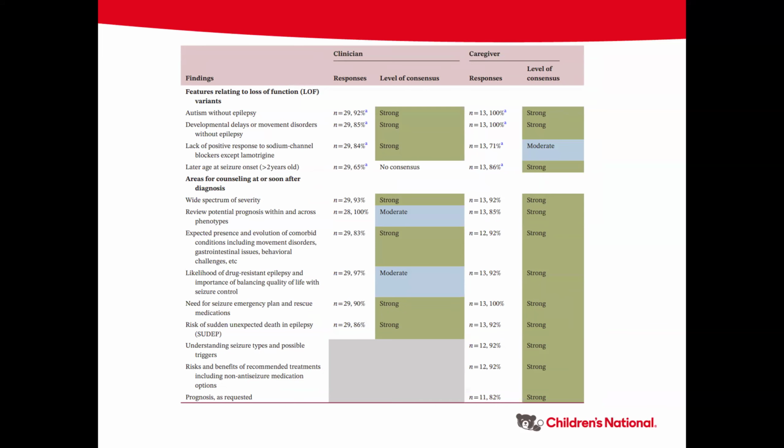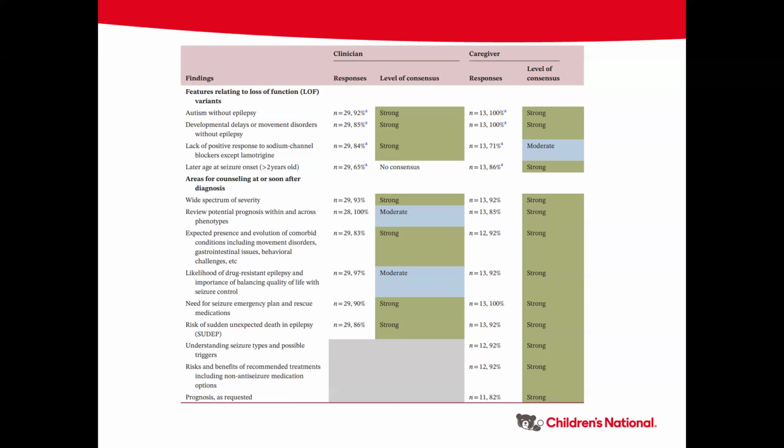So there are different features of loss of function versus gain of function. It was strongly felt that autism or developmental delay or movement disorders without epilepsy and lack of response to sodium channel blockers all were strong predictors, or there was strong consensus that those were features of loss of function. Later age of onset did not actually reach consensus there. I think there are some patients with gain of function that can have later onset.